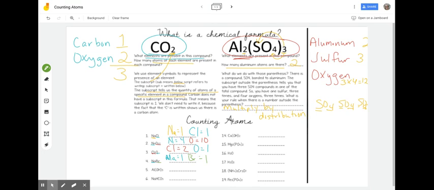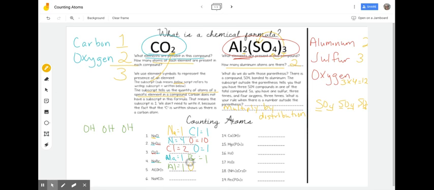Number 5 is going to be like our second example. It has parentheses. So I know that Al has 1. And then I notice outside the parentheses, I have a 3. So whatever's in the parentheses, there are 3 of them. So I can come over here and do OH, OH, OH. And that means that I am going to have 3 O's.